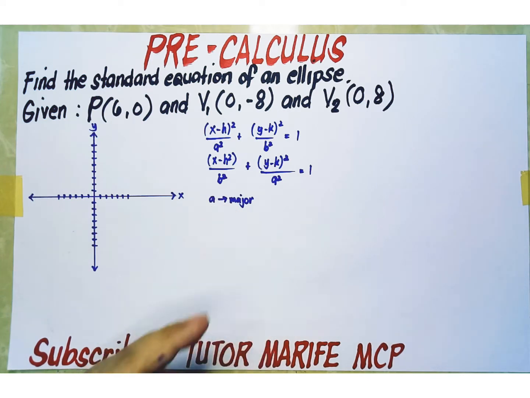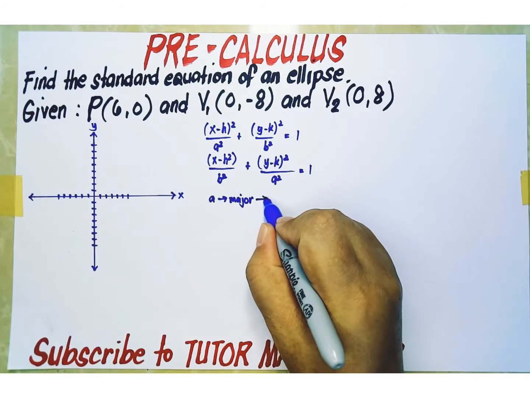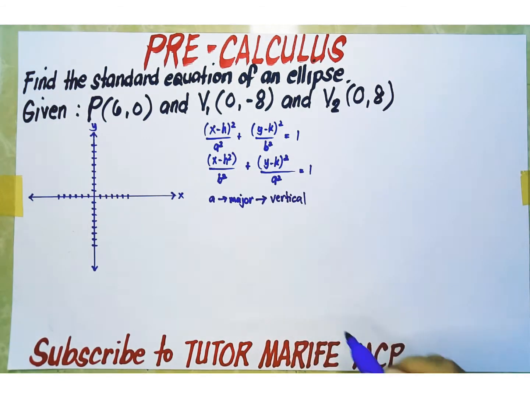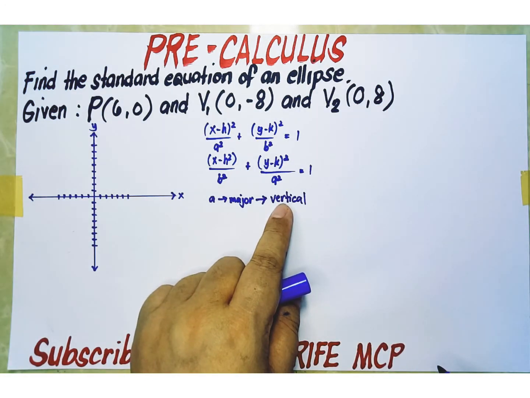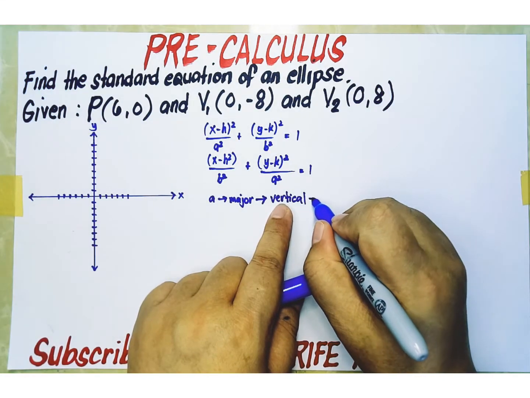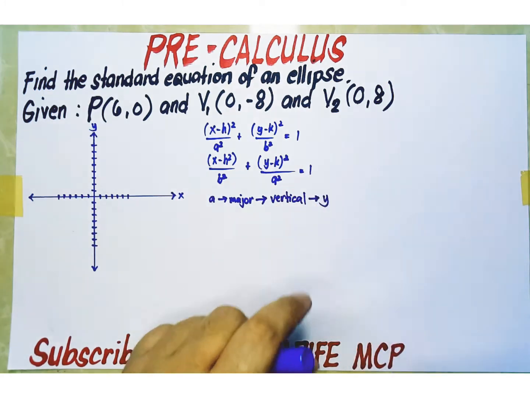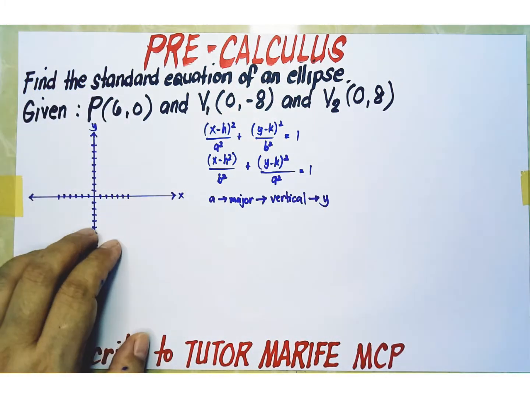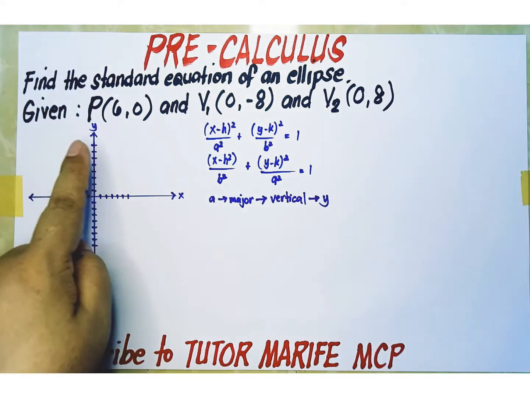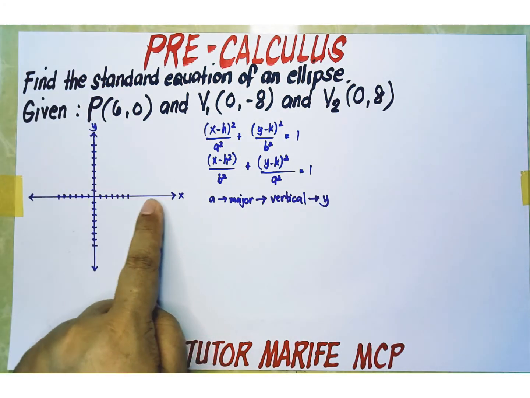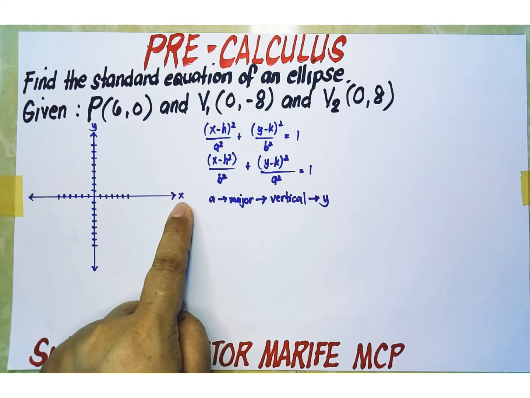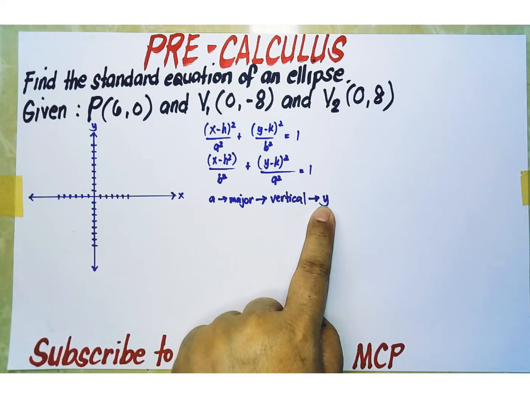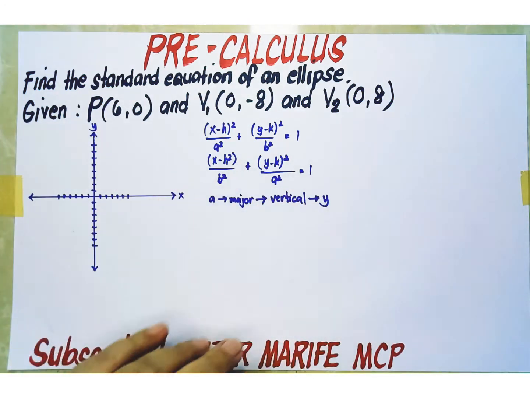If your major axis is vertical, and vertical is associated with y, look at your xy plane. The vertical axis is y, the horizontal axis is x. That's why vertical is associated with y. Likewise, horizontal is associated with x.